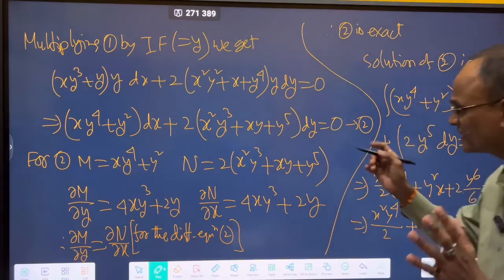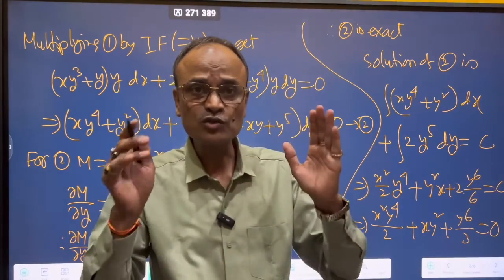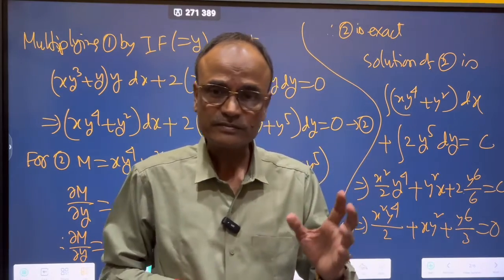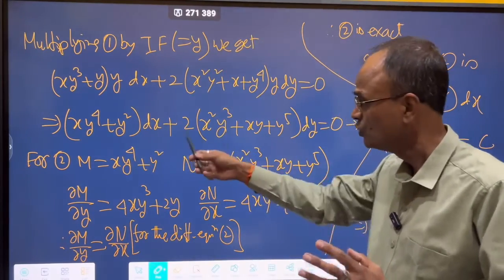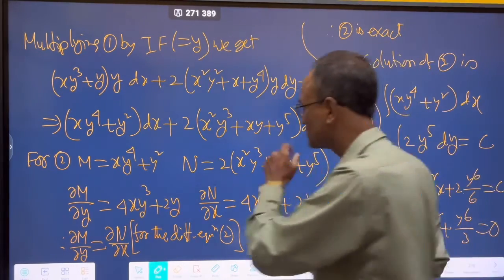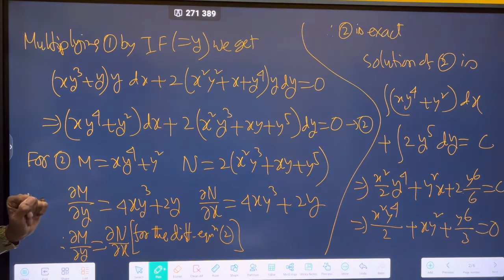Now, since the differential equation 2 is exact, therefore 2 can be expressed in the form du equal to 0.